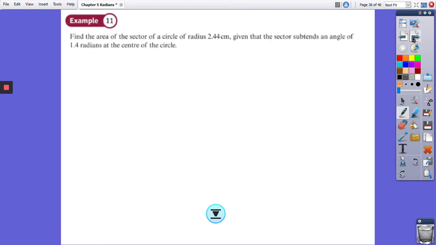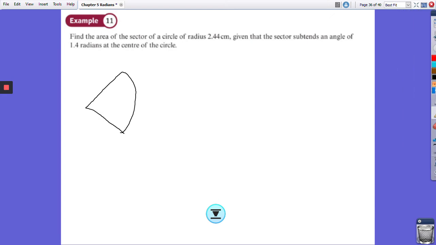The first example is very straightforward. You've got a load of words, tells you that the sector has a radius of 2.44, it's got an angle of 1.4, and it wants us to work out the area. So the first thing we do is we draw this out here.